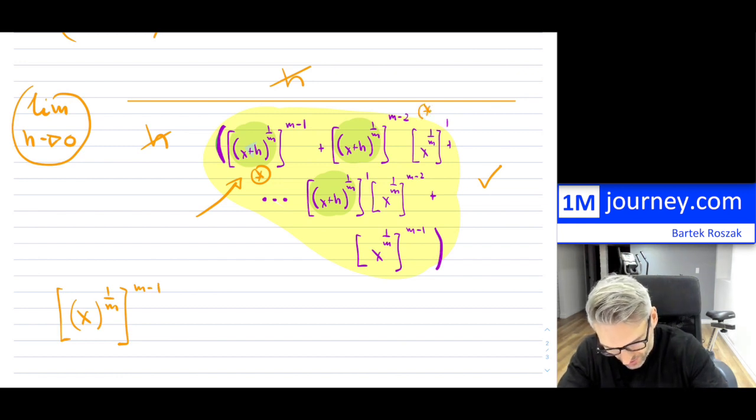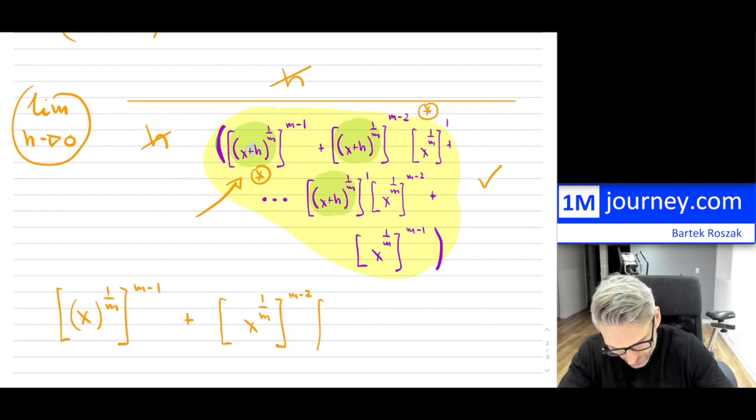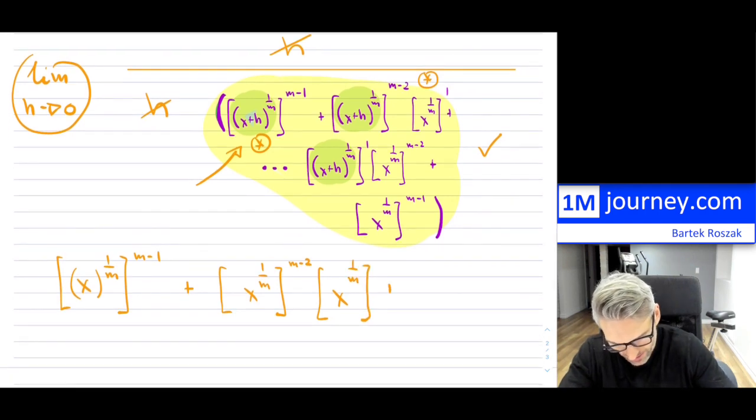Now this particular term is going to be plus, again as h tends towards 0, x to the 1 over m, to the m minus 2, multiplied by x to the 1 over m to the 1. So that's that term, plus dot, dot, dot.